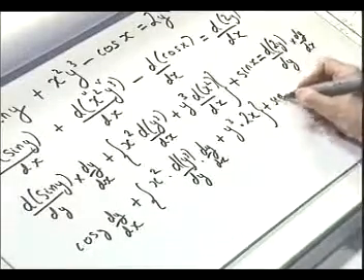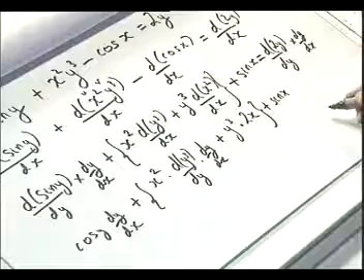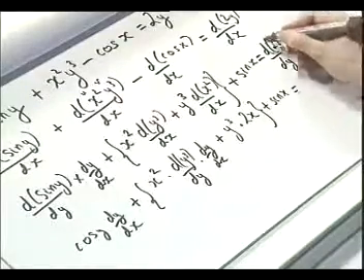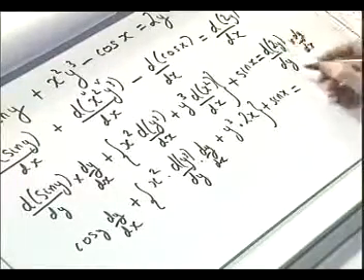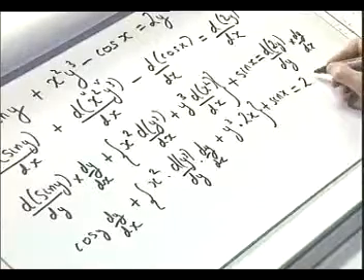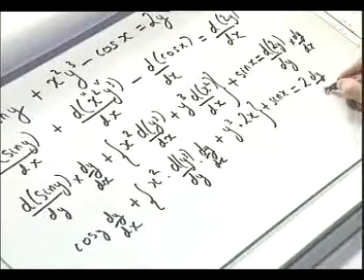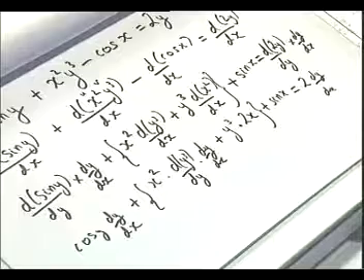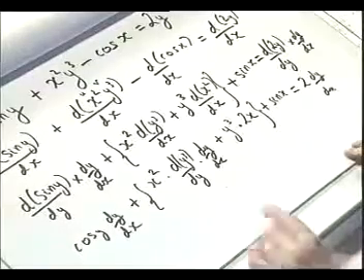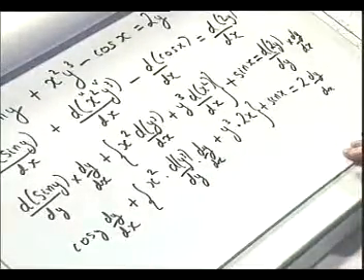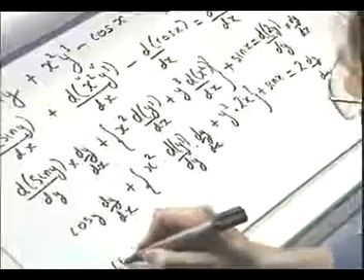plus sine x, we've already done that one, equals, and here the derivative of 2y with respect to y is 2 times dy by dx. Almost done now. We've still got a little bit of differentiation in here to do, so let's do that.